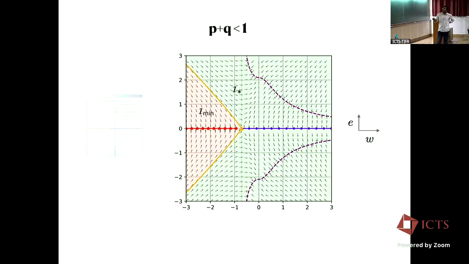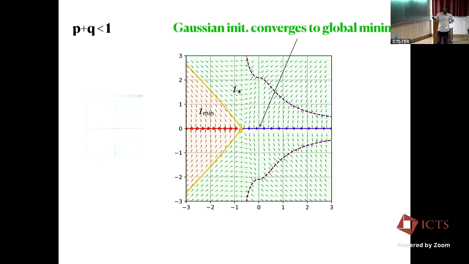Here, the origin 0 lies in the green region. Typically in practice, at least for the experiments we did, we use Gaussian initialization. If you do Gaussian initialization with a small ball, in this case P plus Q less than 1, the flow always converges to global minima.